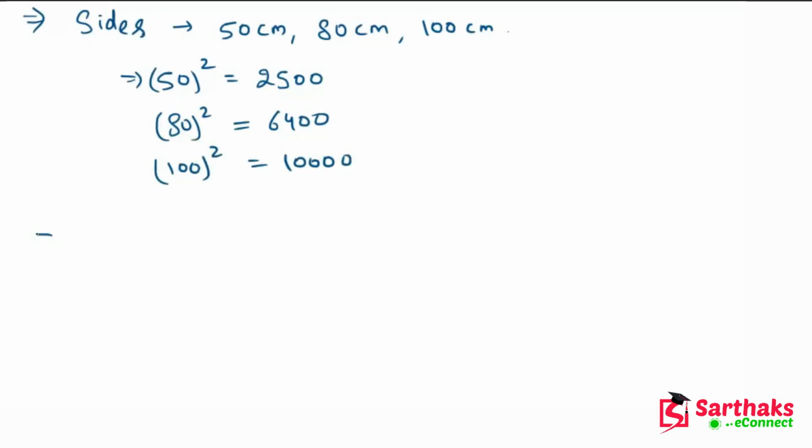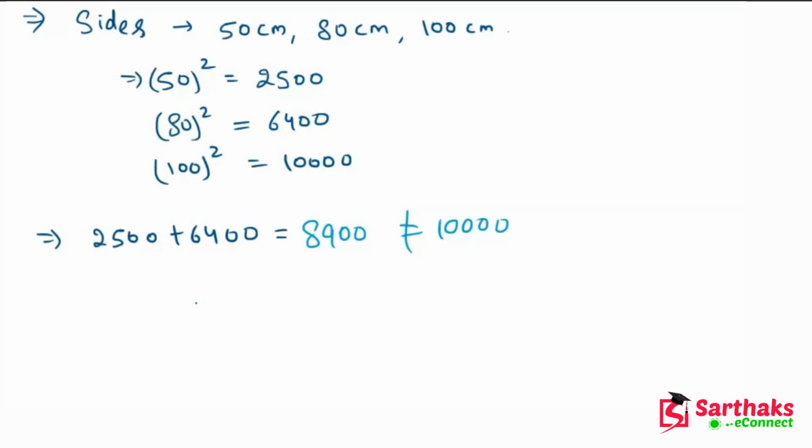So now if we add 2500 plus 6400, we get 8900, which is not equal to 10,000. So we can say that the sum of the squares of the lengths of two sides is not equal to the square of the length of the third side.